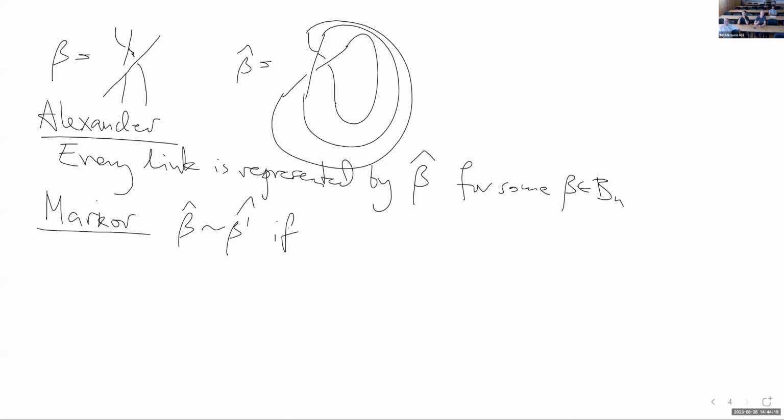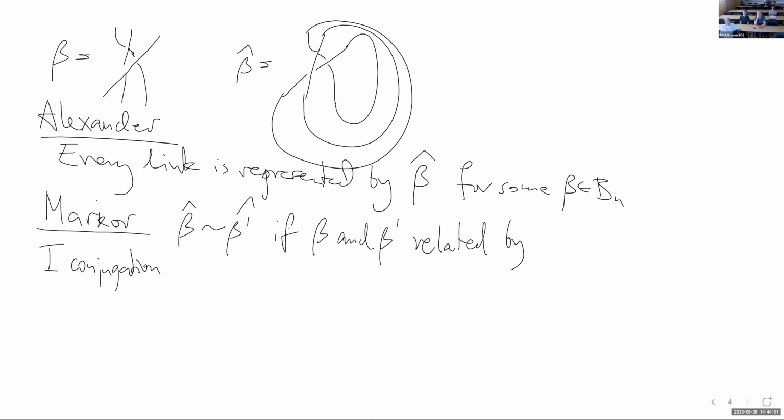if beta and beta prime are related by two moves, I mean, by application of two moves, that you can iterate, right? By a sequence of two moves.